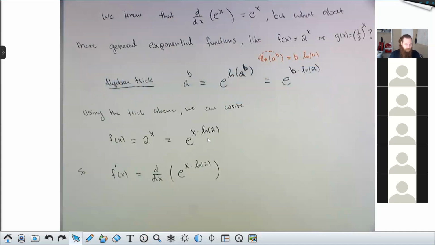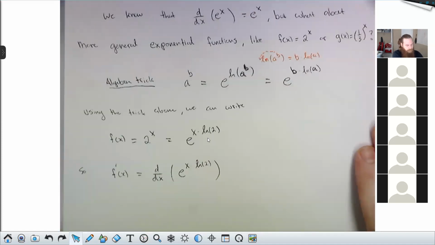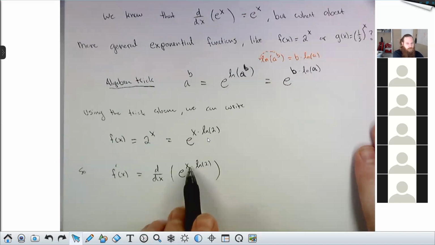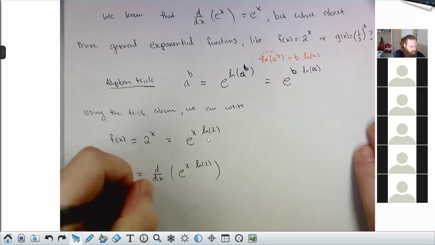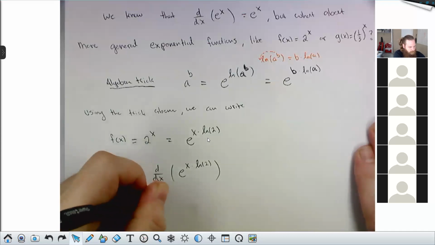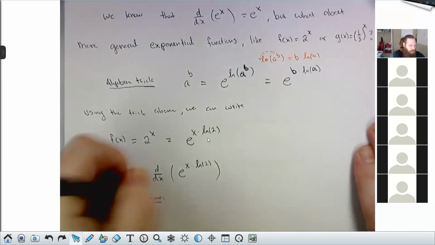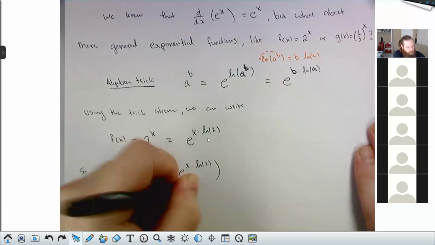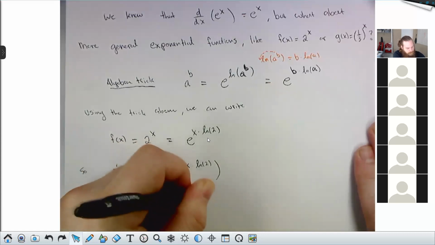For example, here, what I'm now doing with this is differentiating a composite function. Here's my inner, right? X times the natural log of 2 is my inner, and my outer is the exponential. So here, I'll say it, my inner is u equals x times ln2.